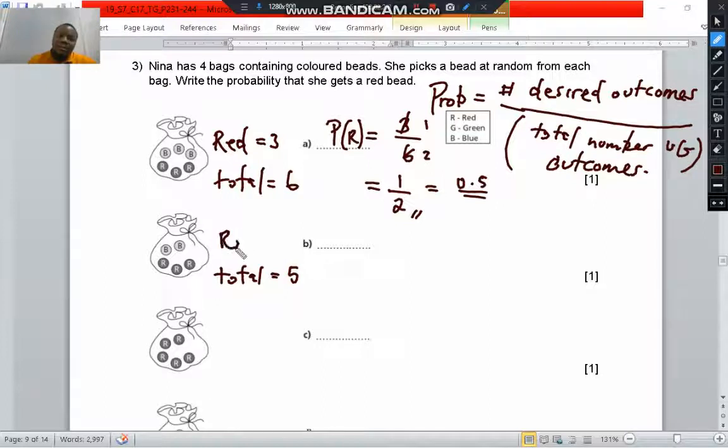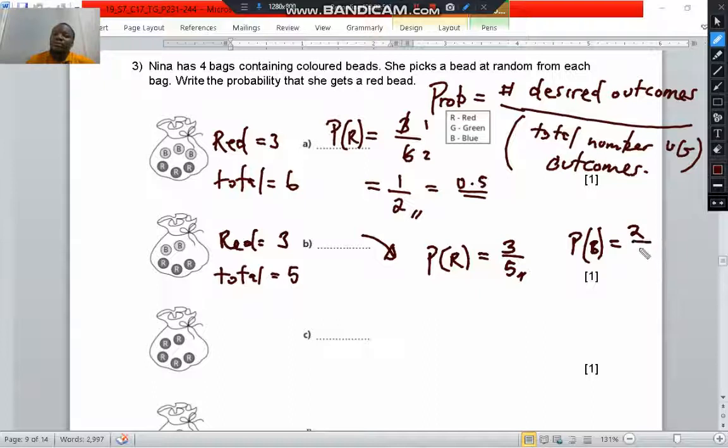So red has 3 beads. The probability that you pick a red bead from the bag is going to be equal to 3 over 5. Which then implies that the probability of picking a blue bead, there are 1, 2, so it's going to be 2 over 5. This is very important that we understand.